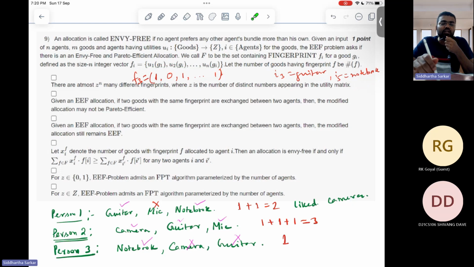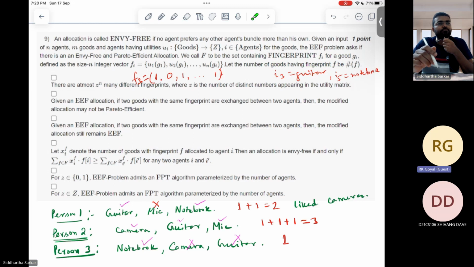For a given fingerprint, we count how many goods have the same fingerprint, and denote that number as hash f.